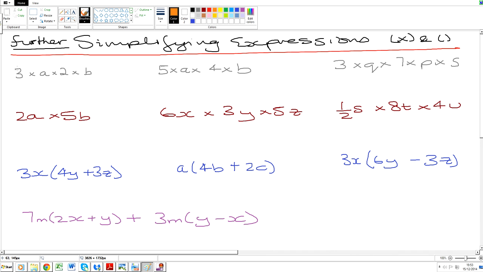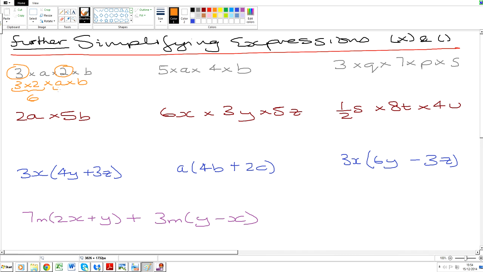The 3 and the 2 are both numerical terms, so 3 times 2, we can physically rewrite it, putting the numbers first and then the letters afterwards. When we multiply, the order doesn't matter. It does matter in division, addition, and subtraction. So in multiplication we can change the order of the calculation, but I've rewritten it just to emphasize that we do 3 times 2 first.